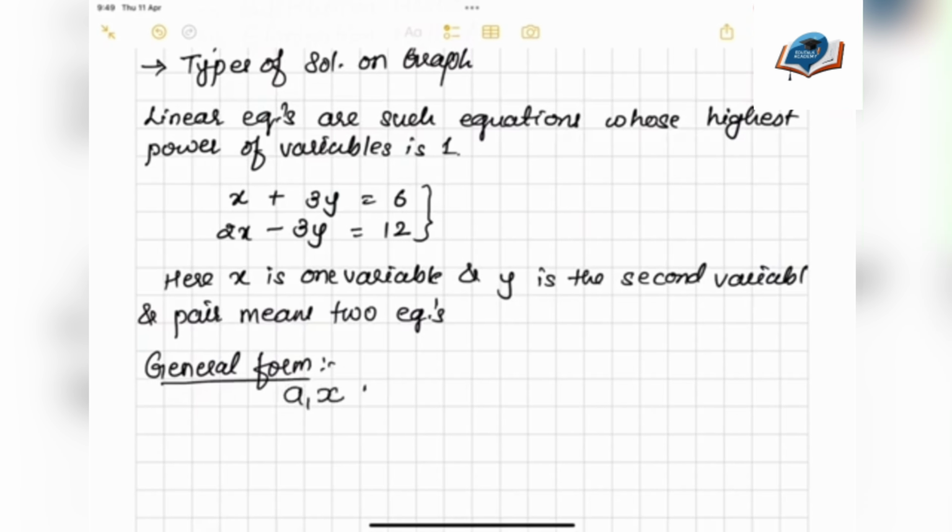Now let us discuss the general form of the equation. a1x plus b1y plus c1 equal to 0. a2x plus b2y plus c2 equal to 0.